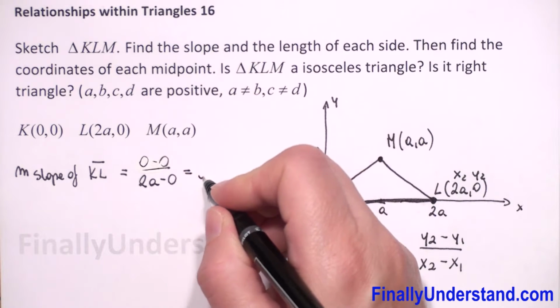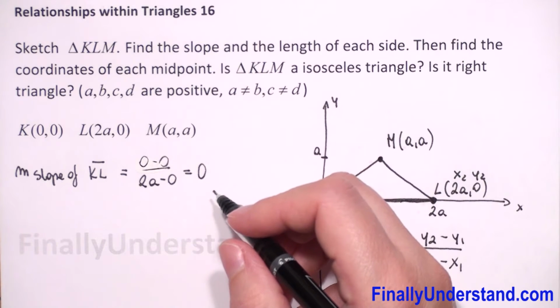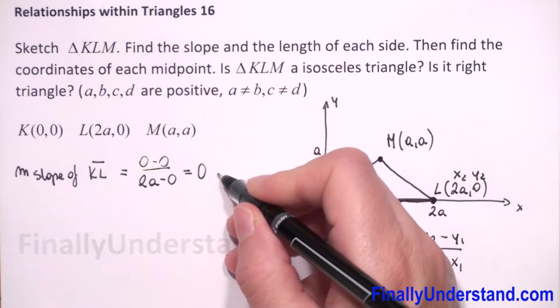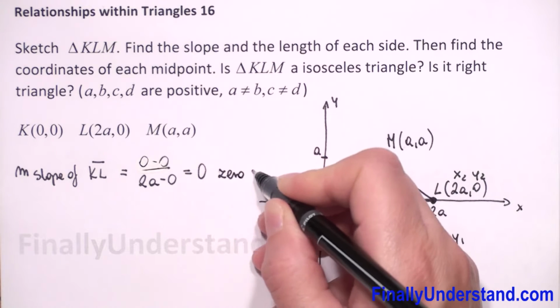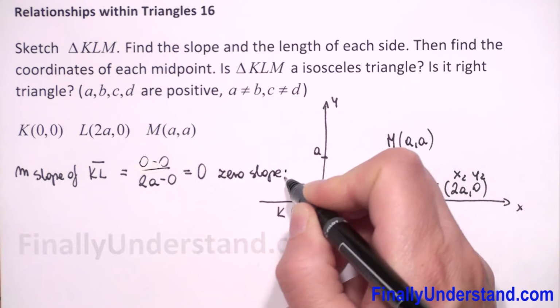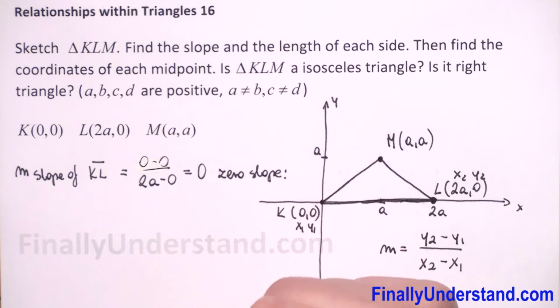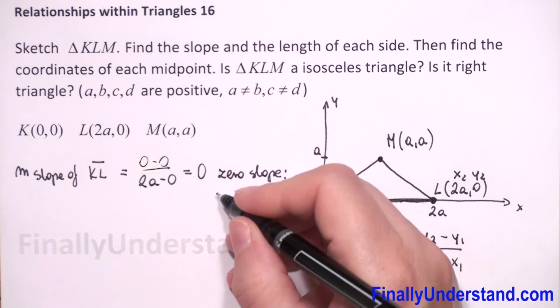So this is equal 0. When we have 0 slope, it means that our line is horizontal.